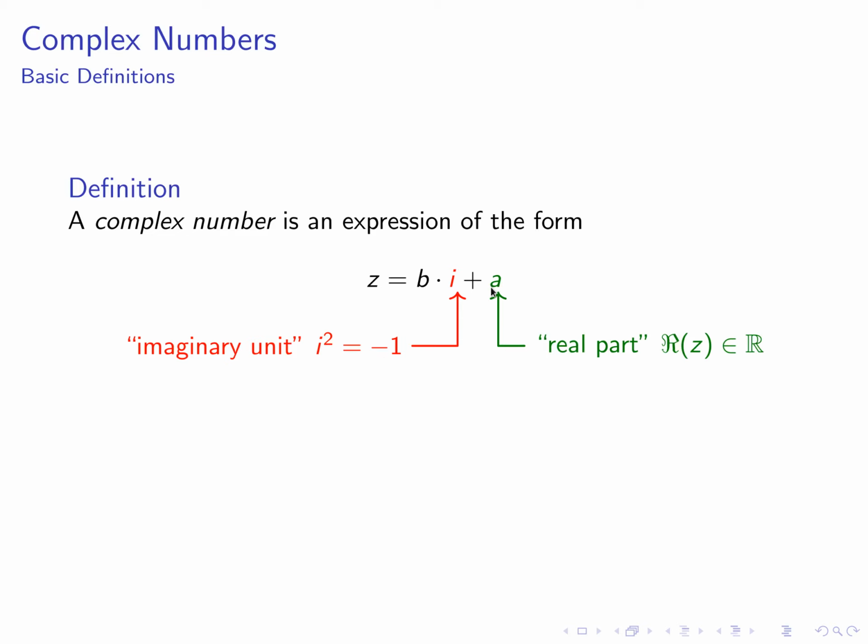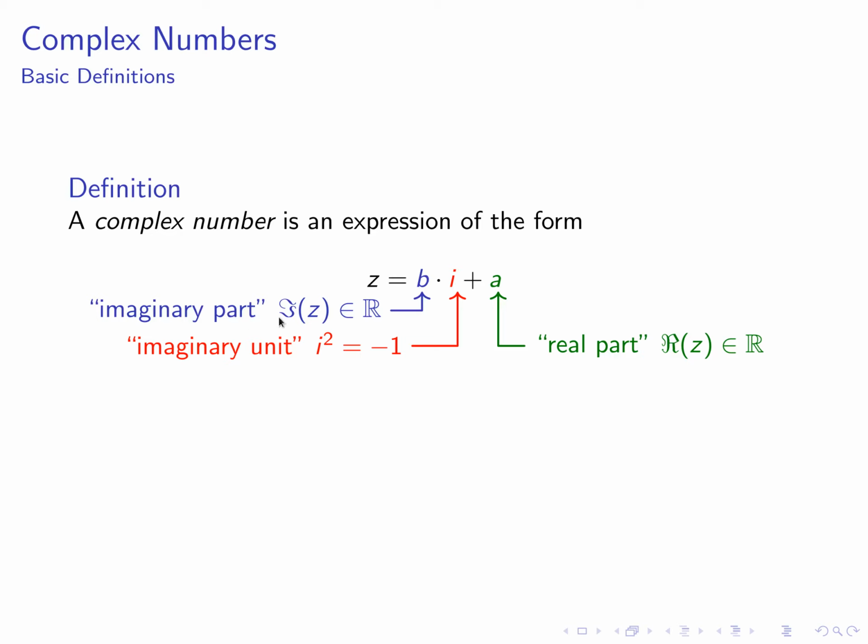This number a, which is not being multiplied by i, is called the real part of this complex number. And sometimes to denote the real part, people write fancy R of the complex number. And the stipulation here is that this must be a real number. This number b that is being multiplied by i is called the imaginary part of the complex number.